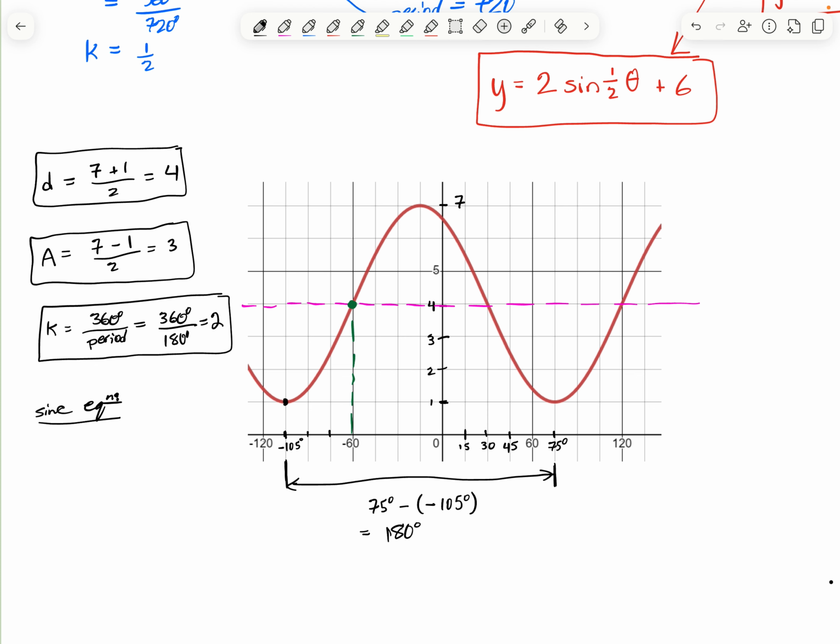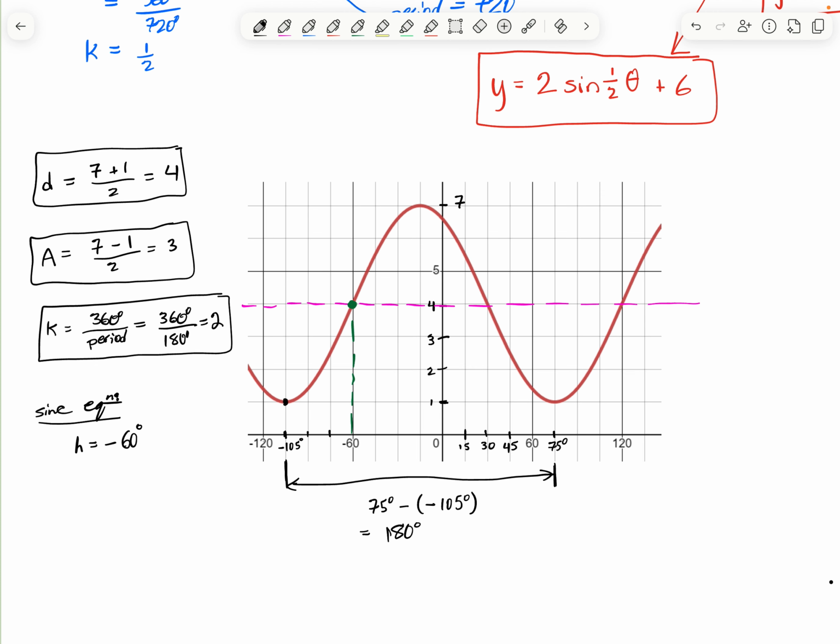So I can conclude that the equation would have to be y equals, and the h value would have to be negative 60 degrees, because it would have to shift 60 degrees.